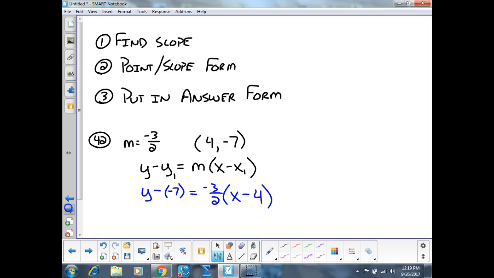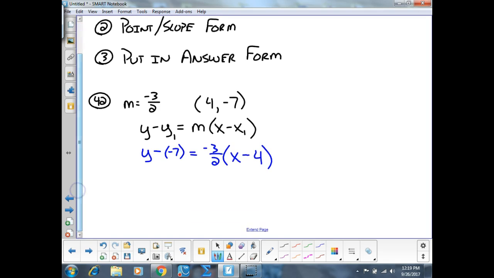Now, did it say in the directions what we need to put our answer in? Put it in standard form, okay? So now this really is y plus 7 equals -3/2 x plus 6. Would you agree with that?